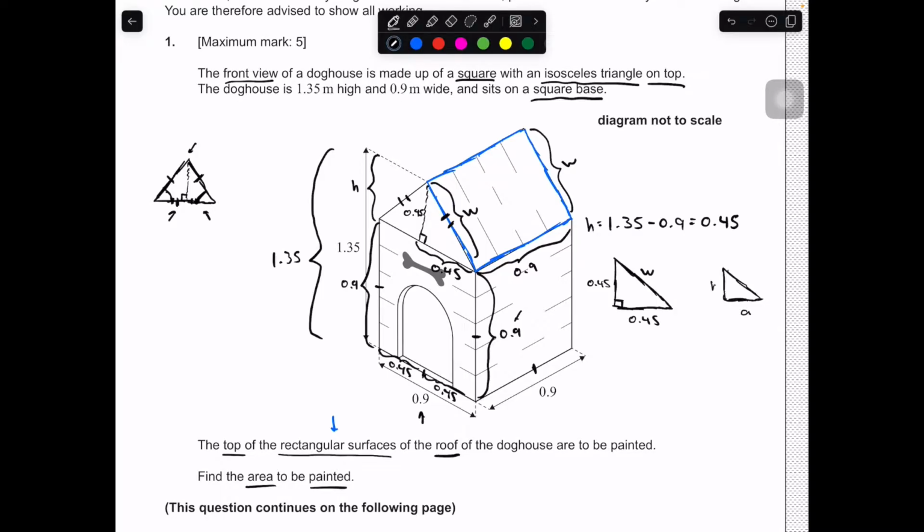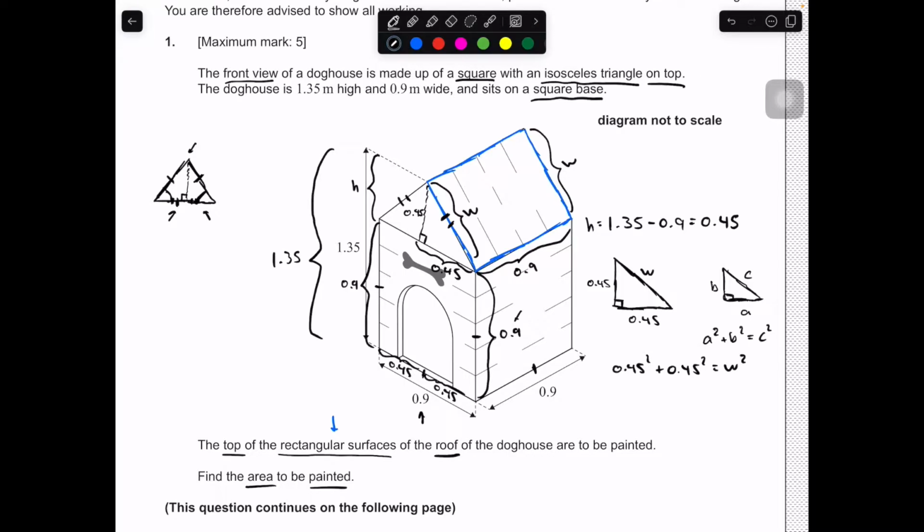So a, b, c, right angle triangle, we know that a squared plus b squared is equal to c squared. So the sum of the squares of the smaller side lengths equals the square of the larger side length of our triangle. So what do we know? We know that 0.45 squared plus 0.45 squared is equal to, in this case, w squared.